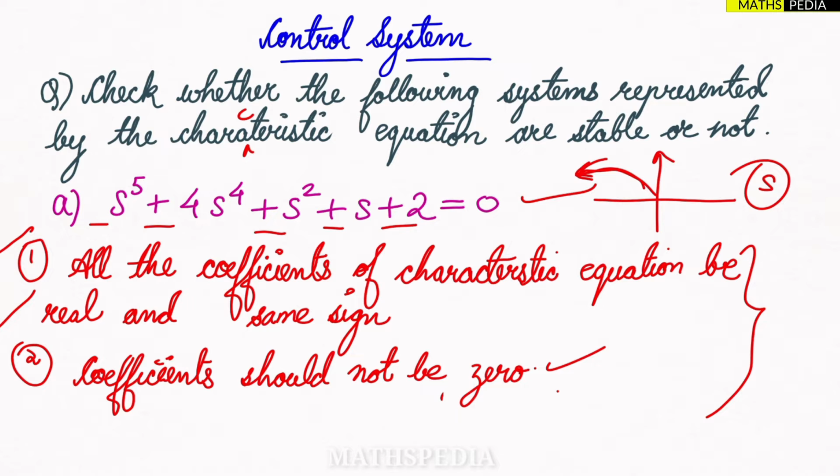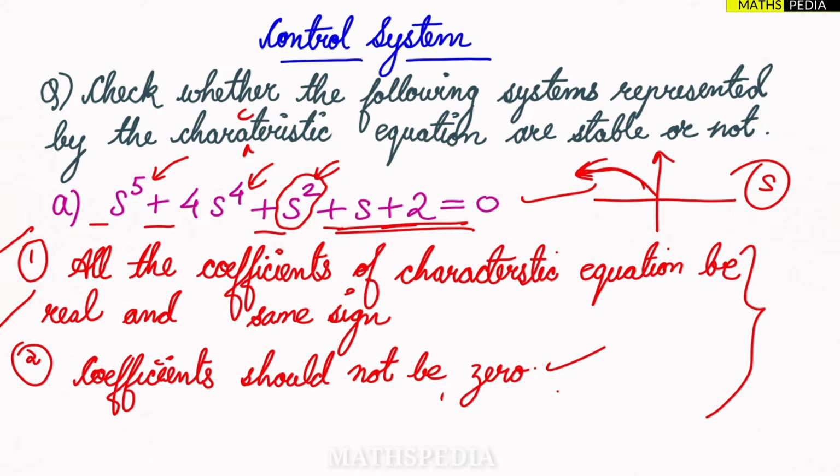In the sense that there should not be any missing term. See here, the first variable is s power 5. The rest should be in decreasing order. S power 4 should be there, s power 3 should be there, but s power 3 is not there. Directly s power 2 has come. Check whether s power 3 is there in this equation. No, s power 3 is not there.